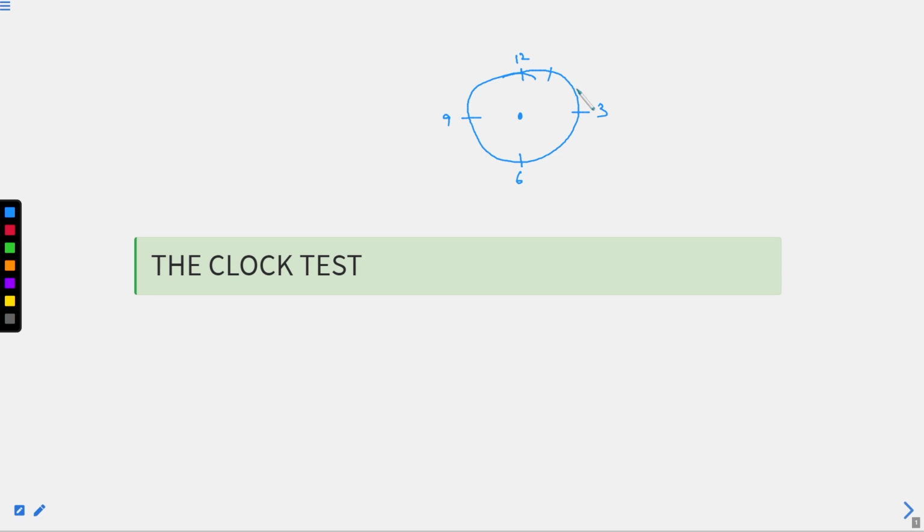And then between every number we have equal partitions, right? 2 equal partitions. So just write down numbers 1, 2, 4, 5, 7, 8, 10 and 11. This is how a clock looks, if we give it a frame as well.